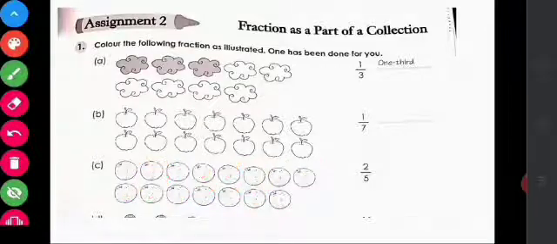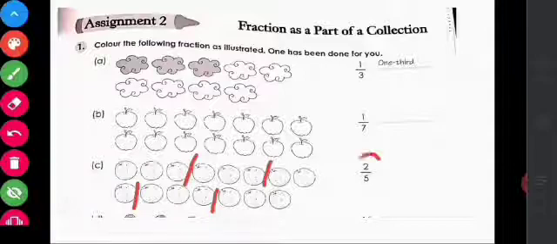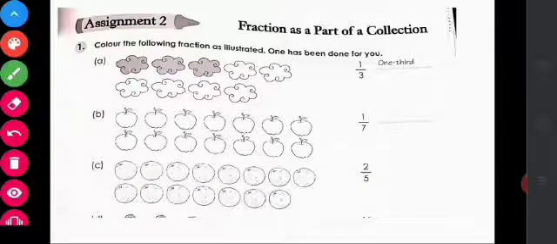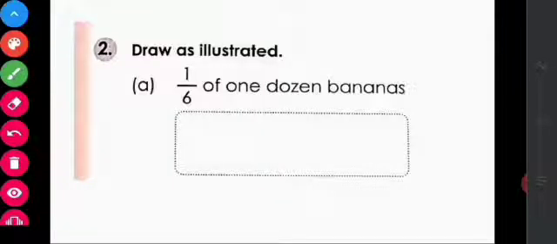So divide into 1, 2, 3, 4 and 5 groups. In the numerator how many parts are there? 2. So how many parts do you have to shade? 2 parts. 1, 2. So what is the fraction? 2/5. Okay children, and the next one, draw as illustrated.